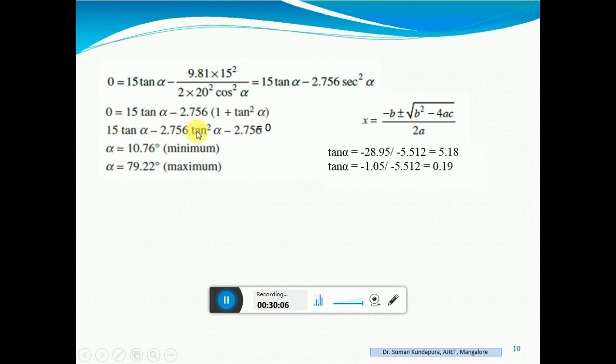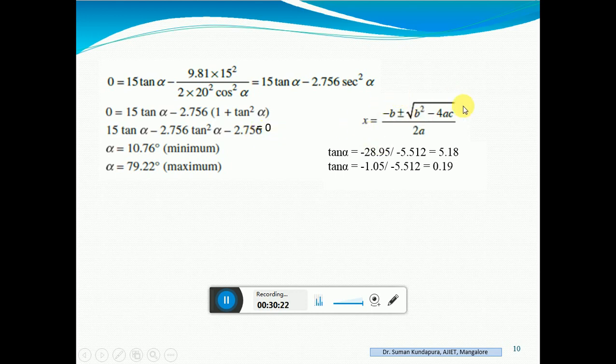First write this: minus 2.756 tan squared alpha, the first term, plus 15 tan alpha minus 2.756 is equal to 0.